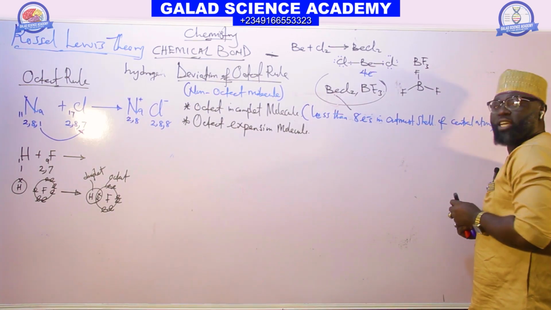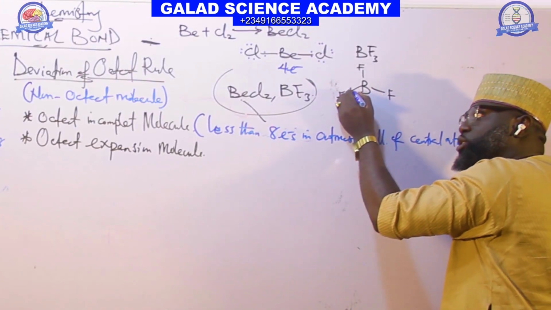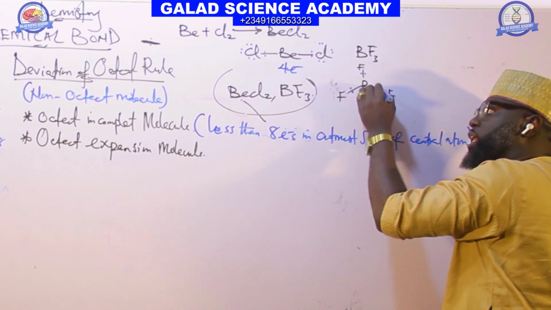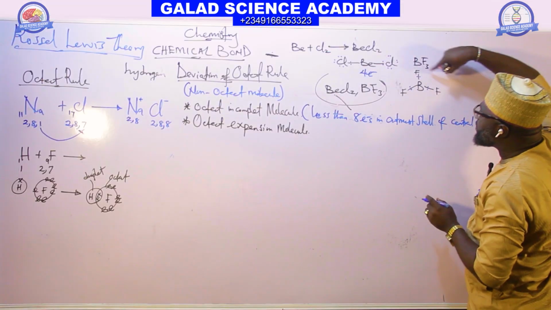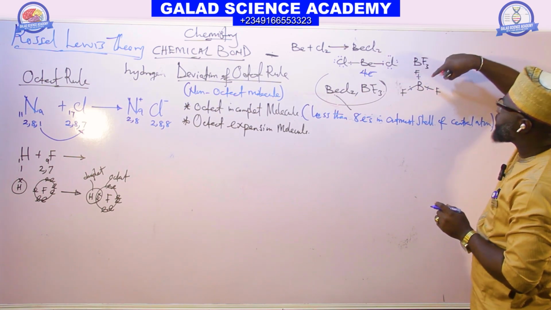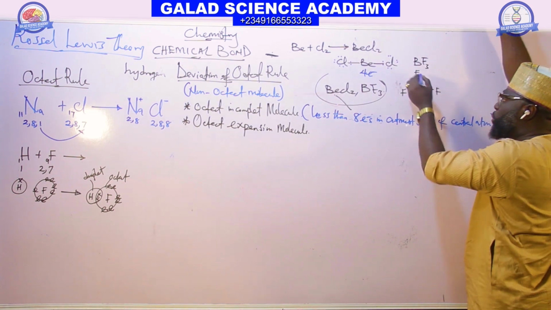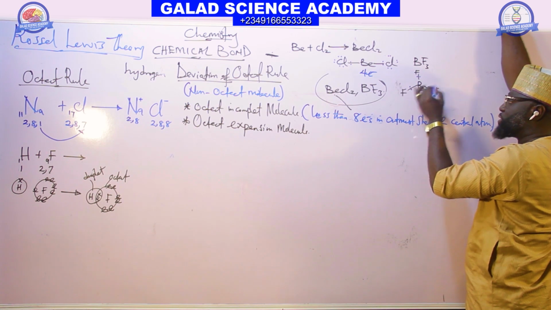So in this BF3, each fluorine has 2 electrons in this bond. Now count the total bond electrons that surround the boron here. 1, 2, 3, 4, 5, 6.